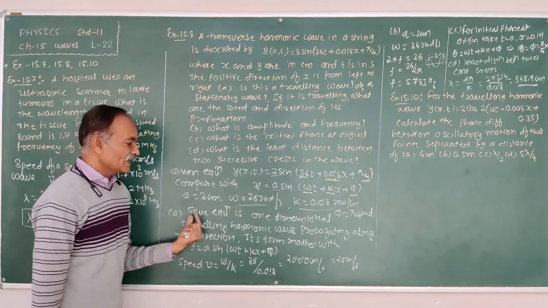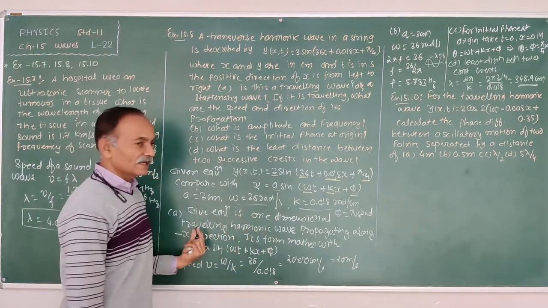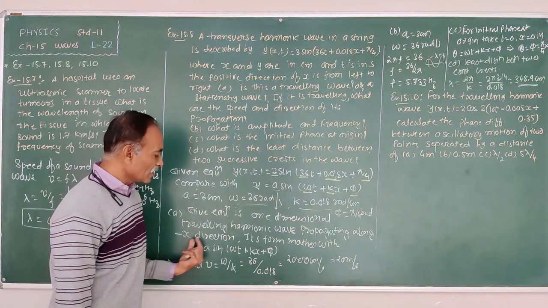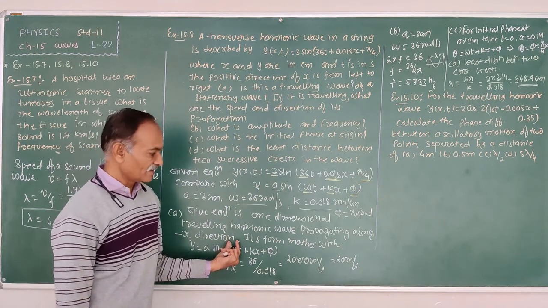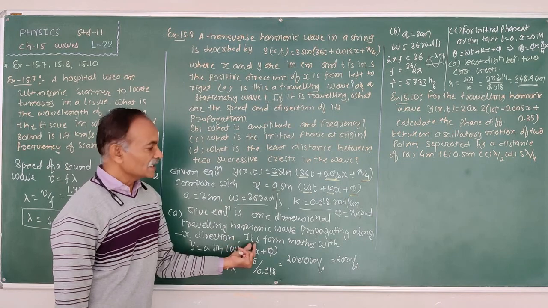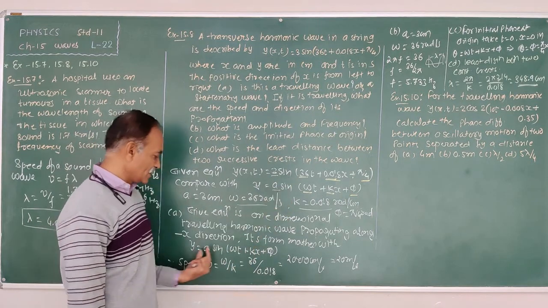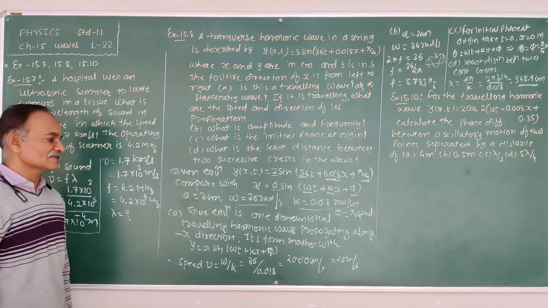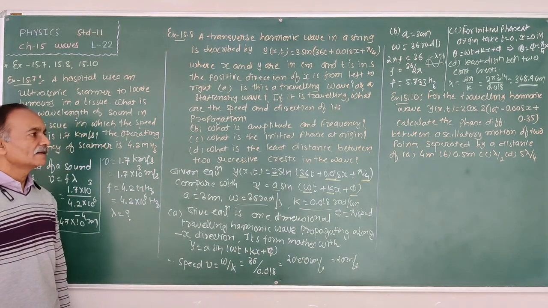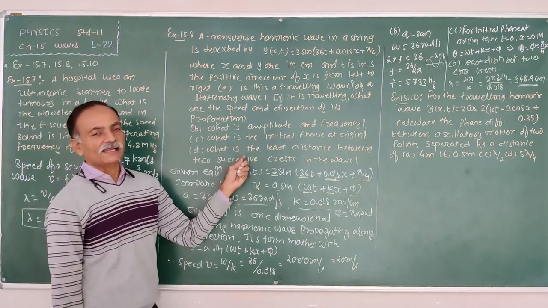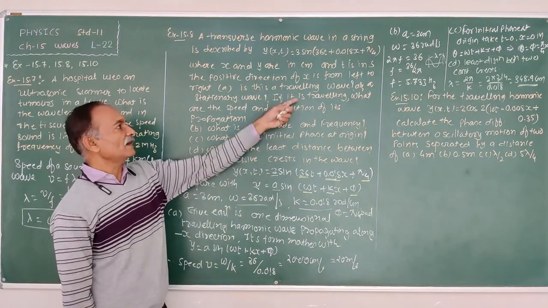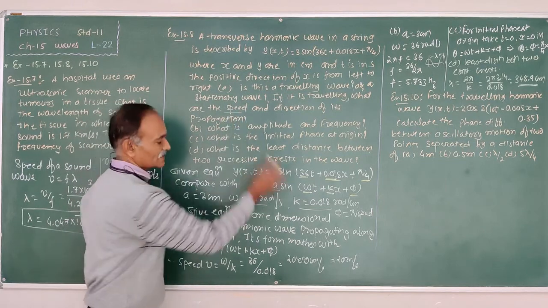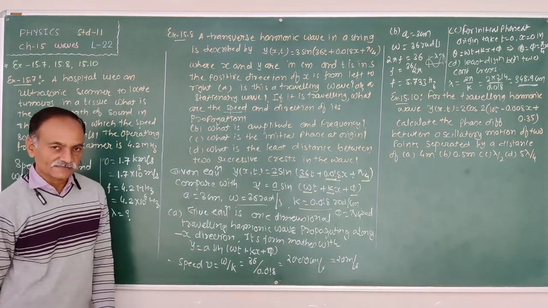The answer is that the given equation is a one-dimensional traveling harmonic wave, propagating along minus x direction, because its form matches y is equal to A sine (omega t plus kx plus phi). If it is traveling, what is the speed of this wave? And direction. Direction is minus x.